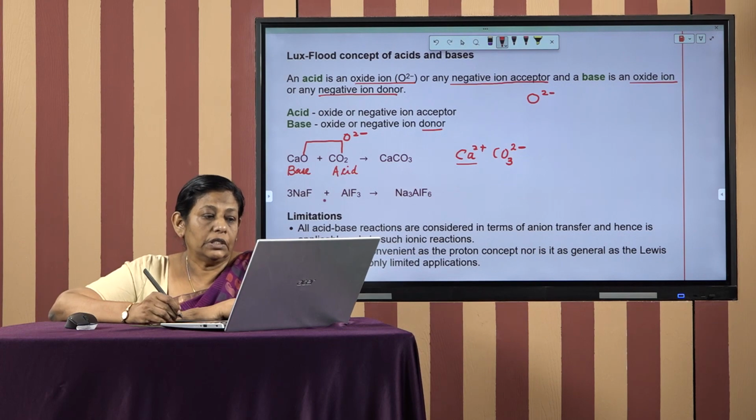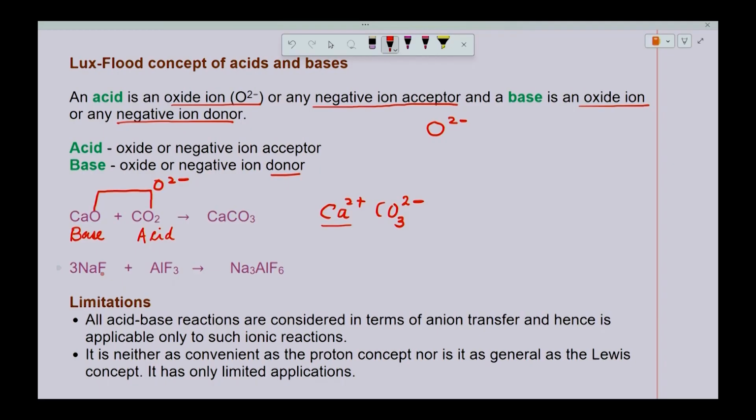Now, let us consider this one, sodium fluoride and aluminum fluoride reacting together to give sodium aluminum fluoride. I will put it as 3 Na+ and AlF6 3-.